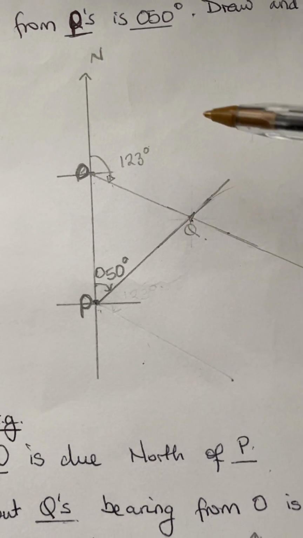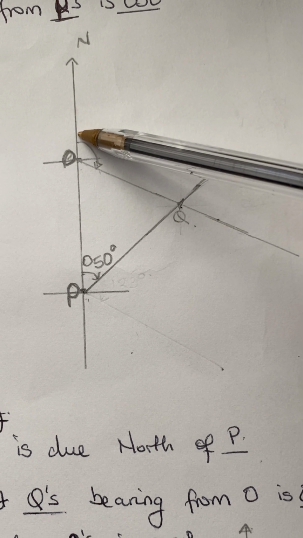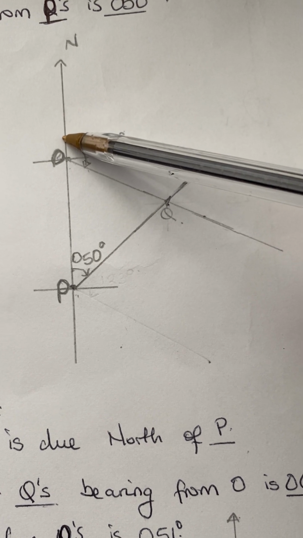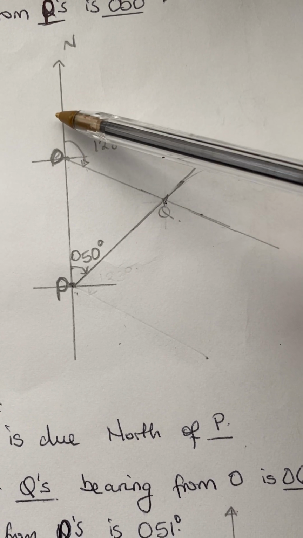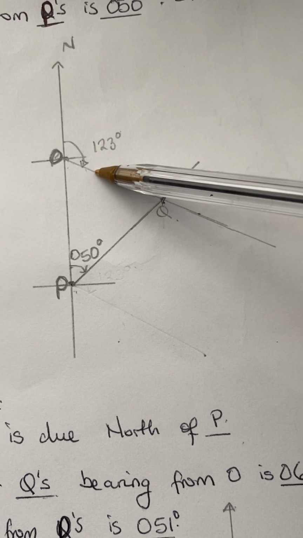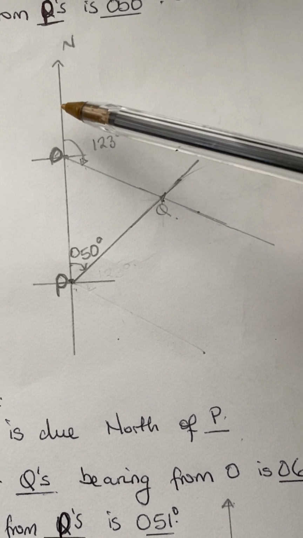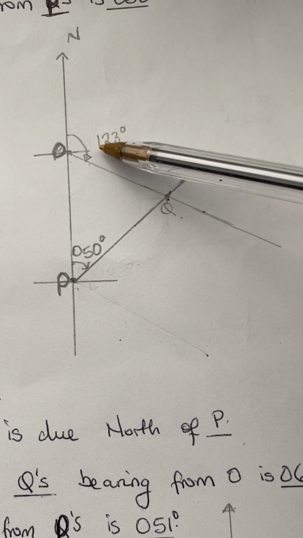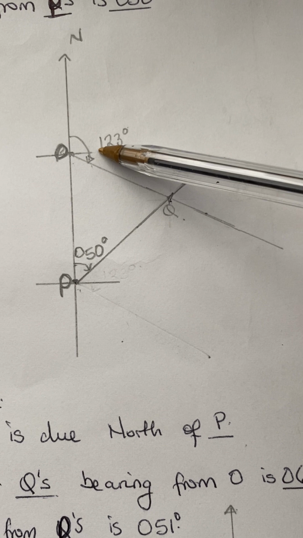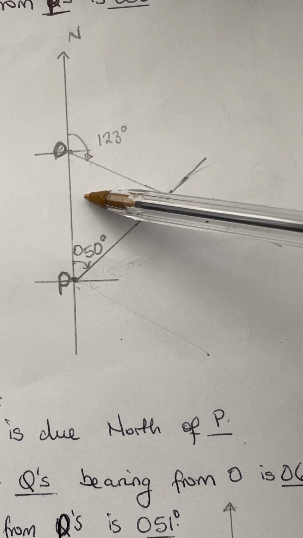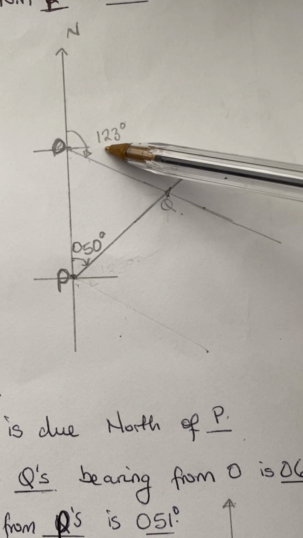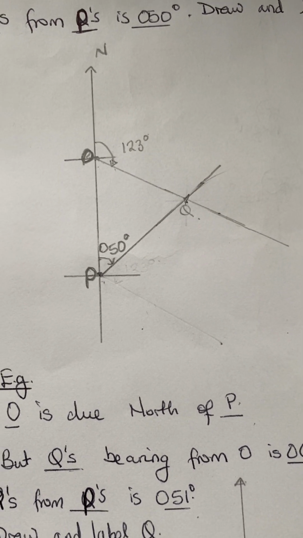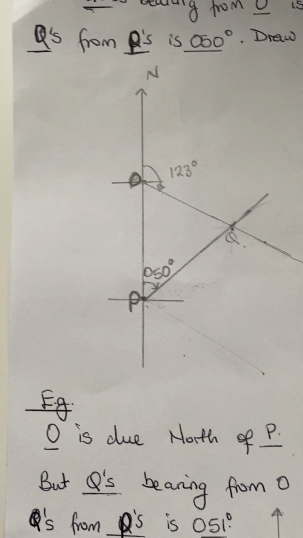So we are going to draw 123 degrees from O. We know that 123 should be in the second quadrant, because the first quadrant is from 000 to 090. So 123 will be in the second quadrant, which is from 090 to 180. So let's look for 123.